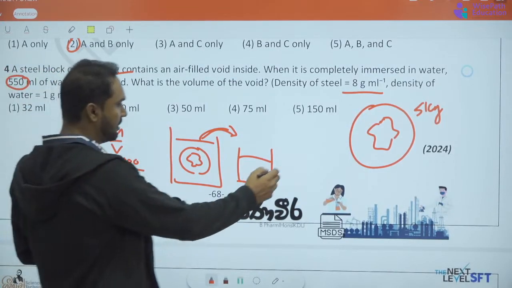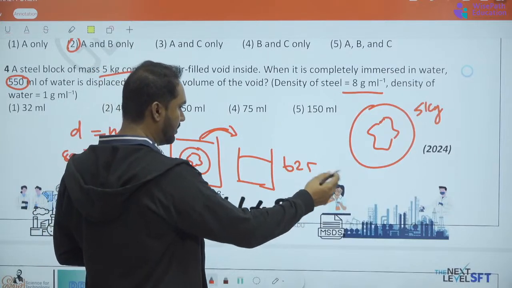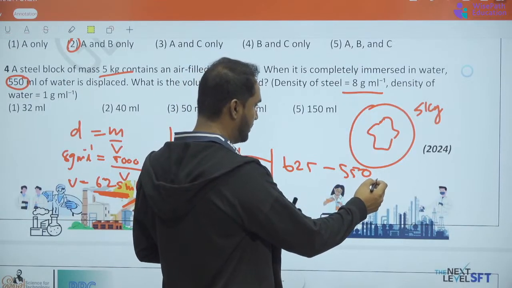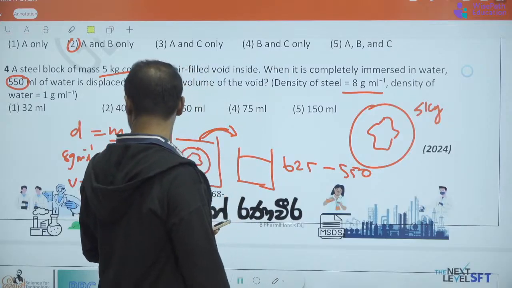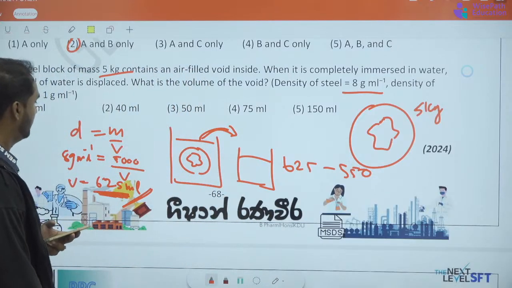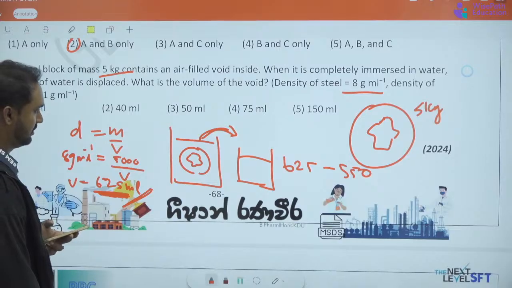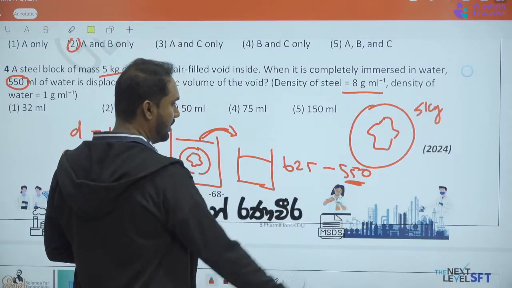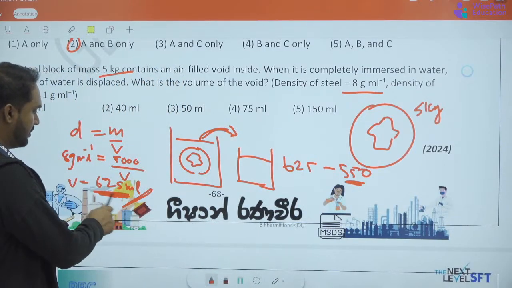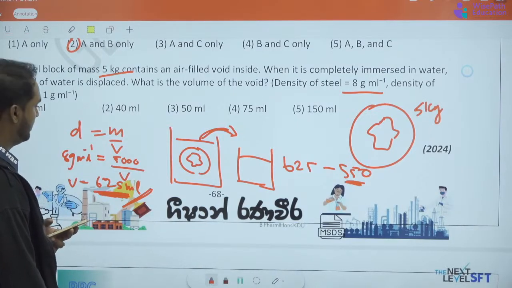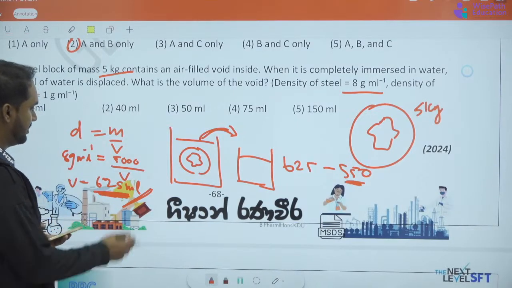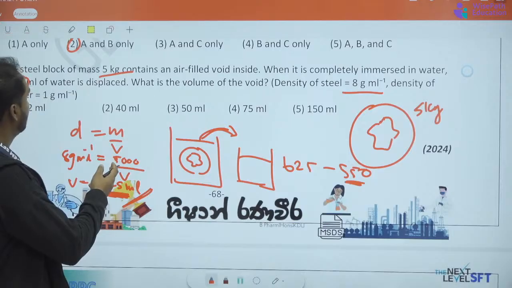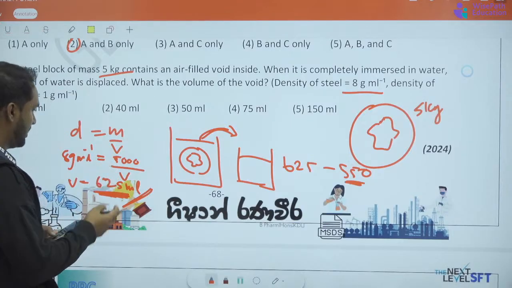So if we deduct 625 from 550... hold on a minute. This is the displaced volume, and this is the actual volume of the steel. Is this correct? The density is 8 gram per milliliter, this is 5000, of course. 5000 divided by 8 is 625.